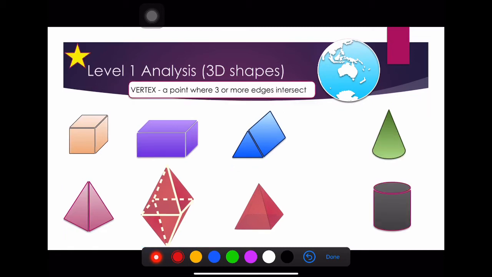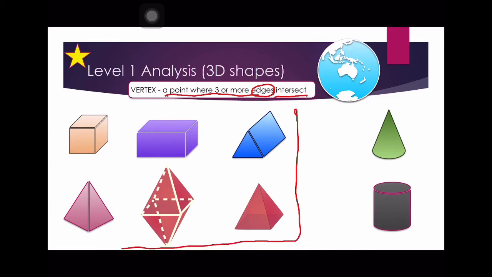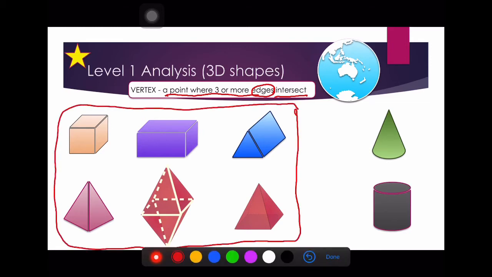Now the vertex is defined as a point where three or more edges intersect or meet. For polyhedrons, you can actually see their vertices, but for non-polyhedrons such as the cone and the cylinder, you have to find them out.